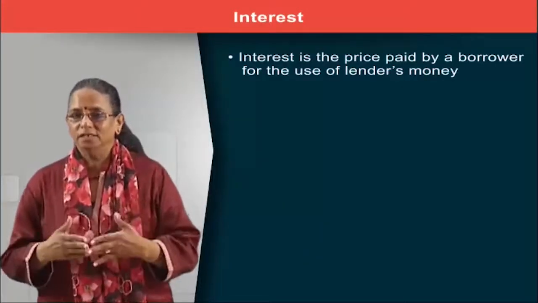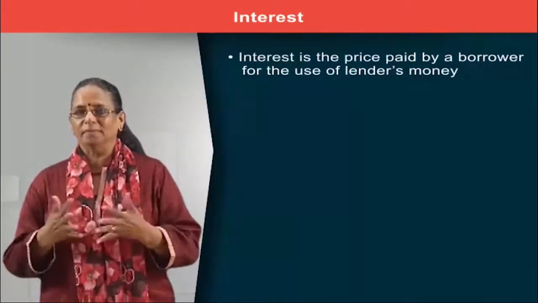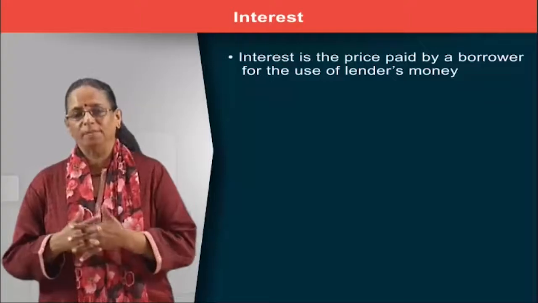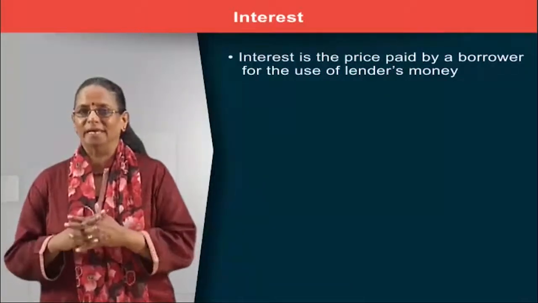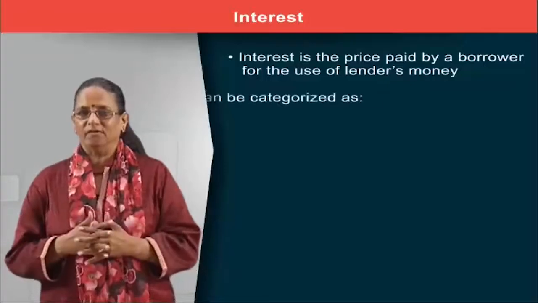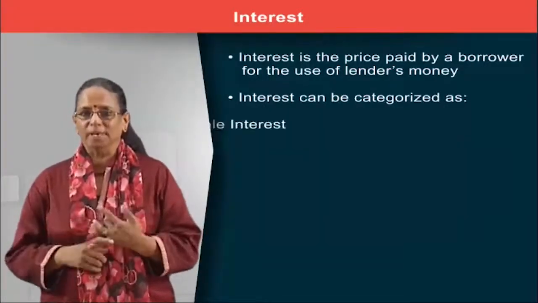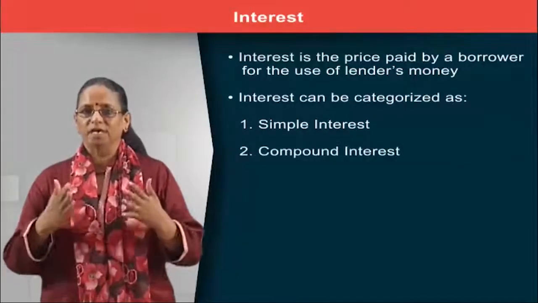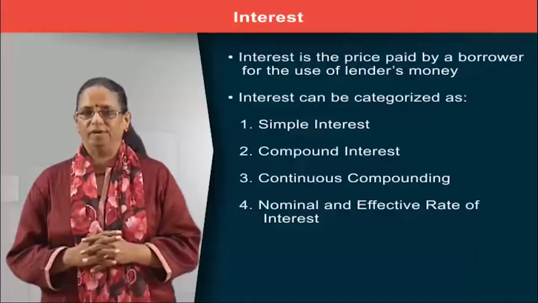Since we are going to use their money, we have to pay some extra money along with the money that we have borrowed. This extra money is called interest. And this interest can be categorically divided as simple interest, compound interest, continuous compounding, and nominal and effective rate of interest.